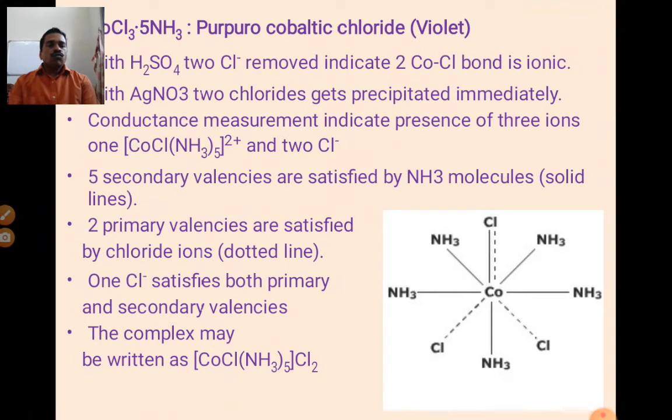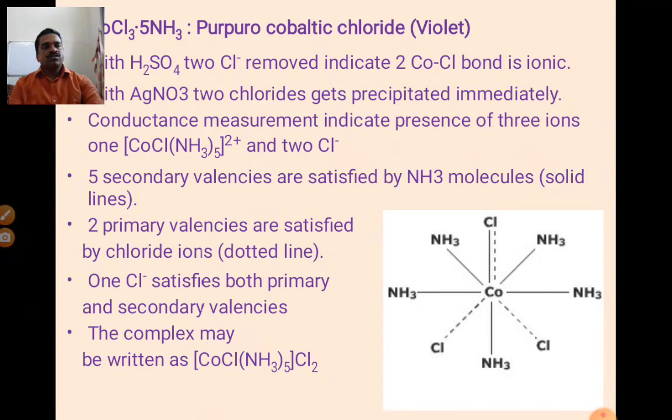Again, we say one chloride ion is satisfying both primary and secondary valencies at the same time. That is, one chloride ion is inside the coordination sphere. The formula for this complex may be written as [CoCl(NH3)5] in the coordination sphere and 2 chloride ions outside the coordination sphere.